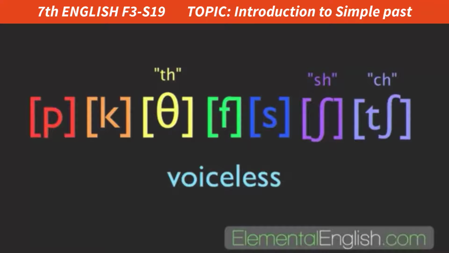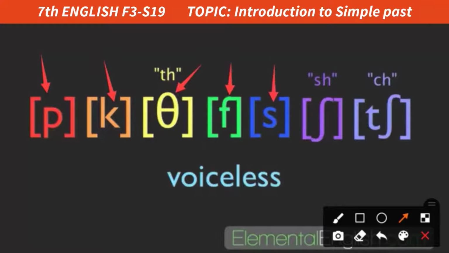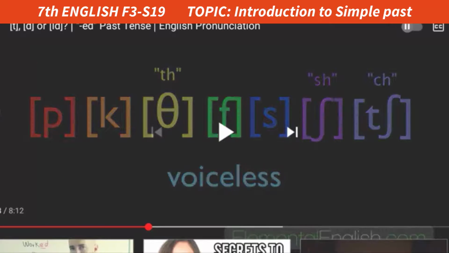Cuando hagas esos sonidos finales de los verbos, va a sonar como T, ¿yes? ¿Cuáles son los sonidos? P, K, F, S, Sh, Ch. Cuando produzcas esos sonidos en los verbos en inglés, tienes que pronunciar una T al final. Let's continue watching and see some examples.